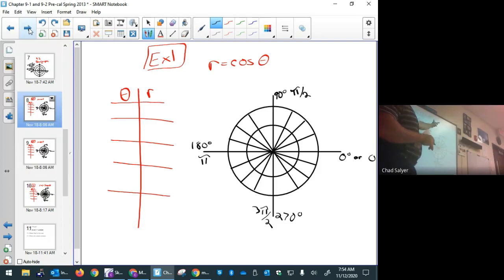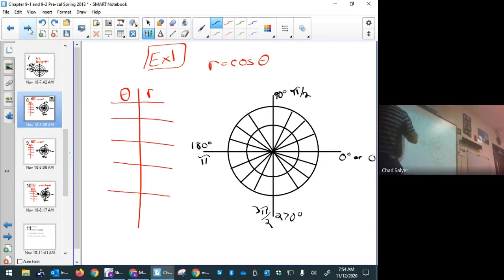This is analogous to the X in the rectangular plane, and this analogous to the Y. We pick an X, and that tells us what our Y is. Here we'll pick a theta, and that'll tell us what the R is. So I'm going to pick some thetas to help me understand what's going on with this.